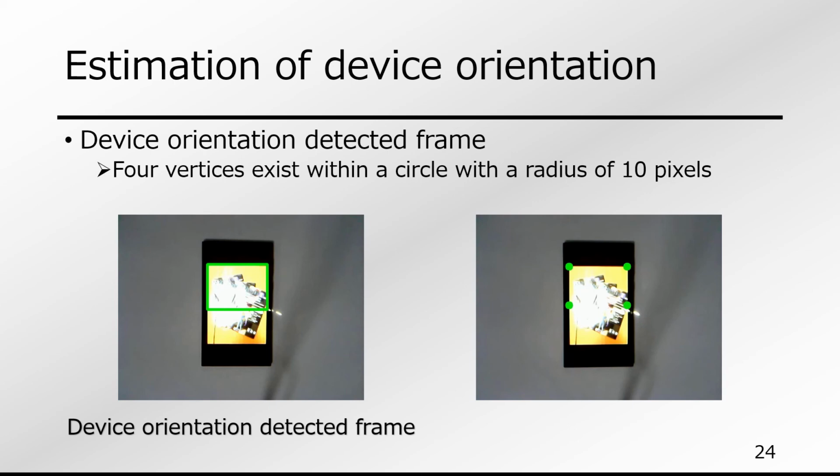Similar to device portion estimation, the upper half of the device screen portion of the estimated frame was detected only when all 4 vertices of the estimated upper half of the device screen rectangle area exist within a circle drawn with a radius of 10 pixels centered over the 4 vertices of the upper half of the device screen.